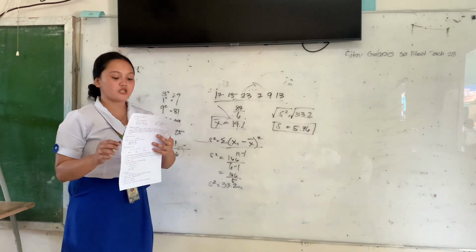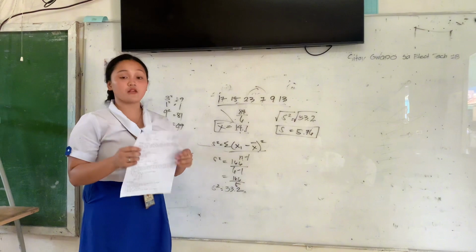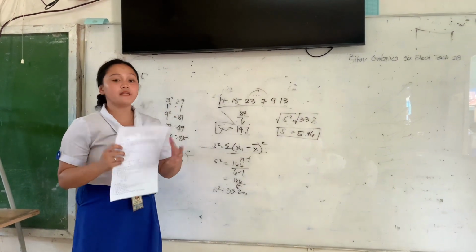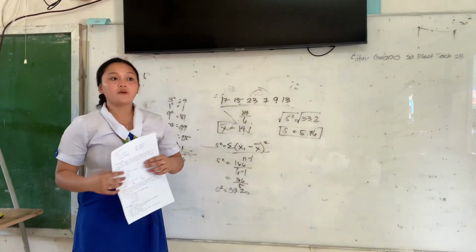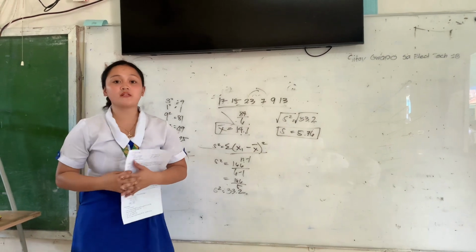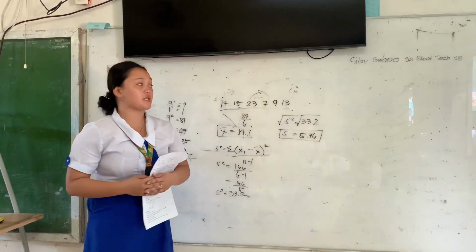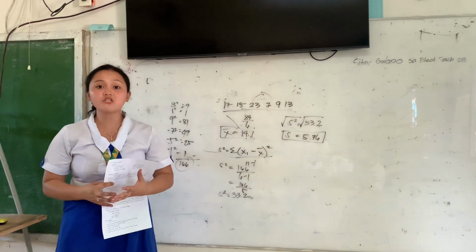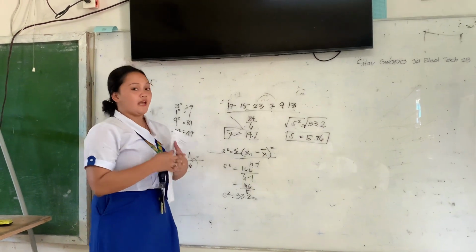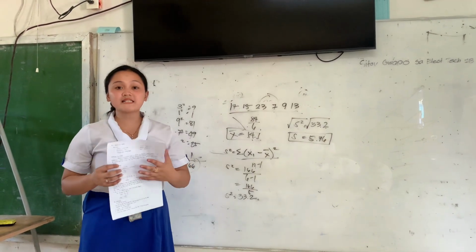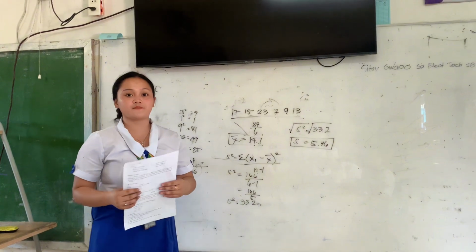In real-life situations, measures of spread are crucial for understanding variability. Now, my other co-members will give examples of real-life situations about the measures of spread: the range, interquartile range, and variance. Lastly is the standard deviation.